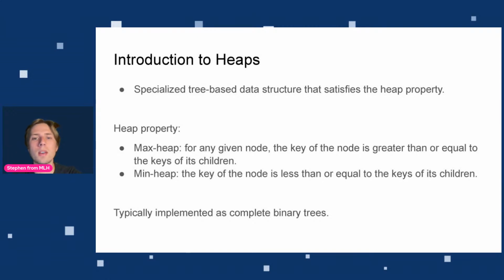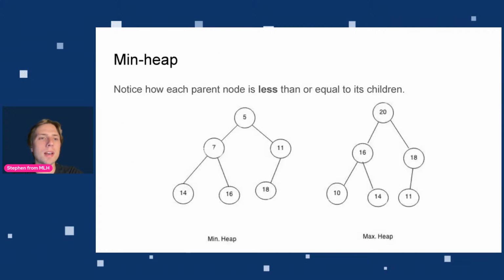All right, so that would be a heap. And so min heap is like this left case. So min heap is where each parent node is less than or equal to its children.